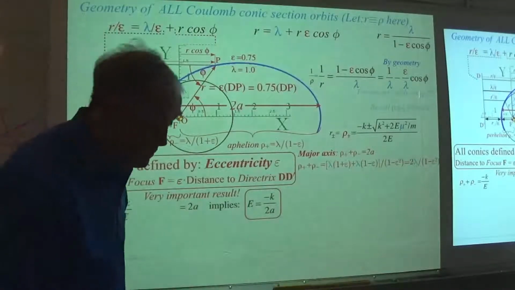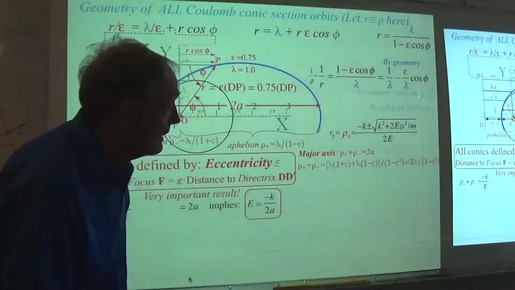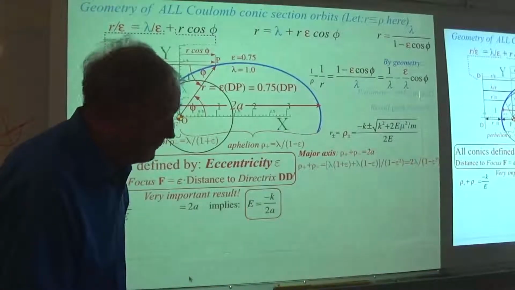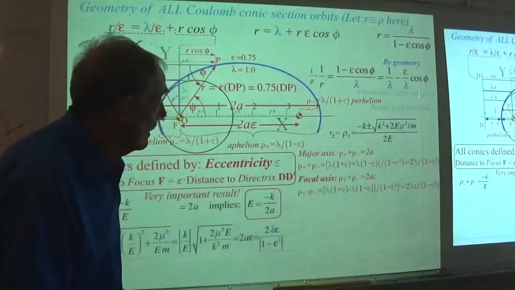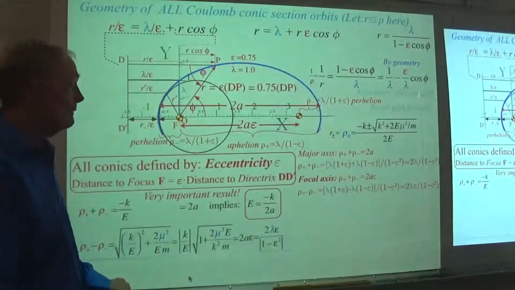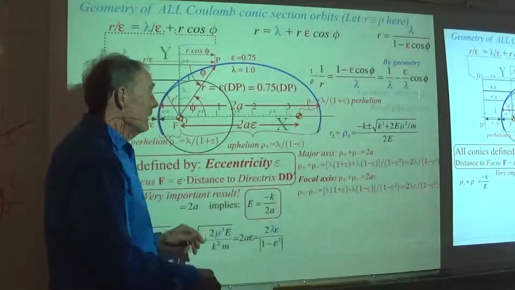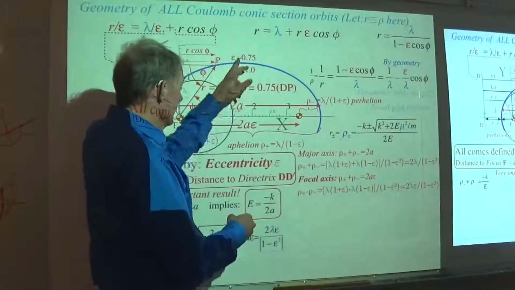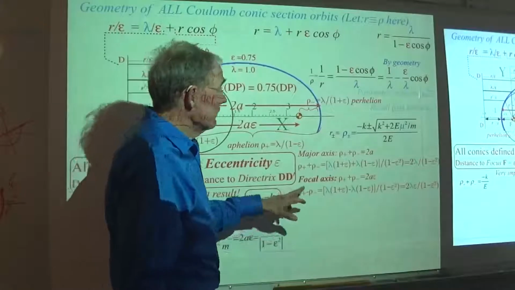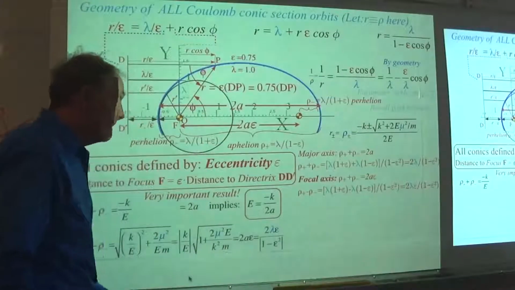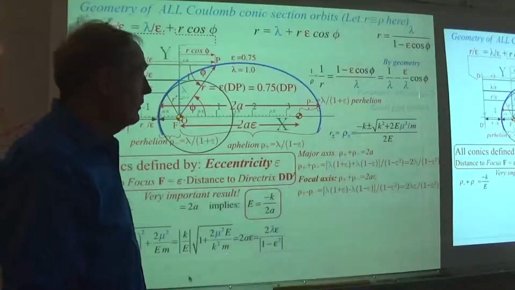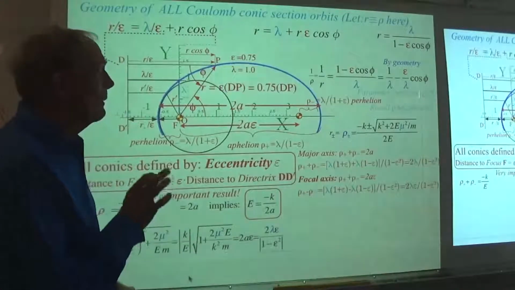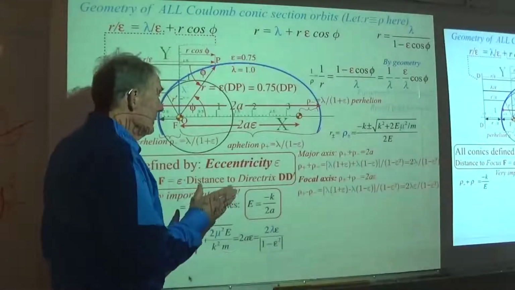All right, well, the rest of it is kind of downhill, but still somewhat complicated. Focal axis, you ought to know, is how far the focus is from the center of the ellipse. That's obtained right there. Major axis 2A, but this is 2A times epsilon, the eccentricity.